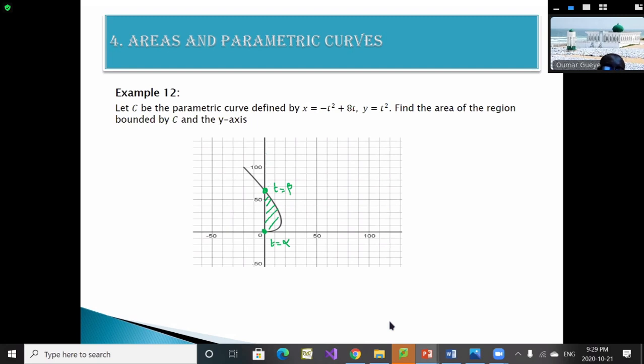So that's why if you want to find the y-intercept, we have to solve the equation x equal to 0. In the first question, we were looking for the x-intercept. That's why we solved y equal to 0. Now we're looking for the y-intercept. That's why we have to solve x equal to 0.